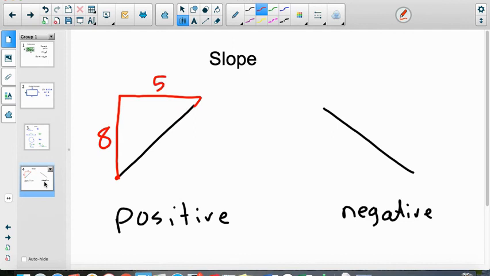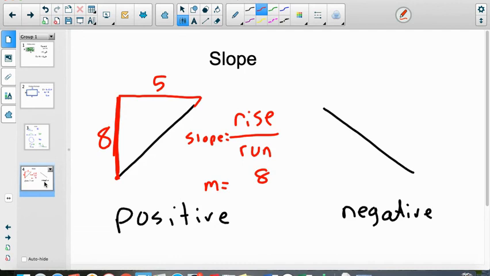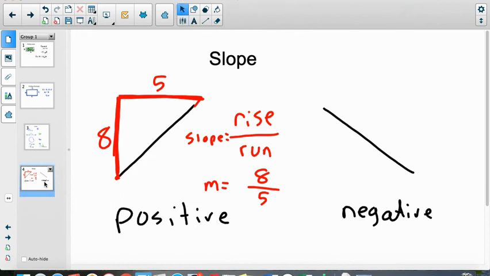The slope is rise over run. The variable we use for slope a lot of times is m. So the rise is how far you go up and down, so that's 8. The run is left and right, so that's 5. So your slope for that one would be 8/5.